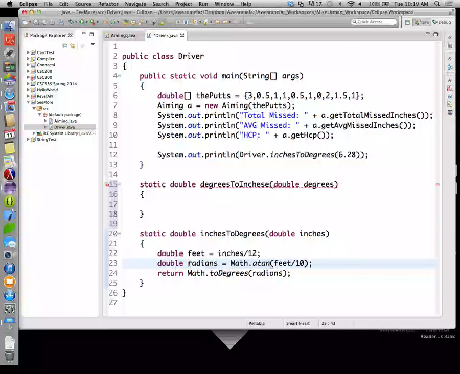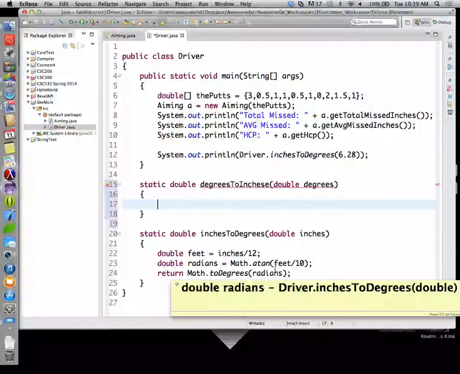If we have the radians, so if we have the angle 3, what did we decide the distance missed was for 3? What did we have to pass in here? Wasn't it something like 6 point some inches?